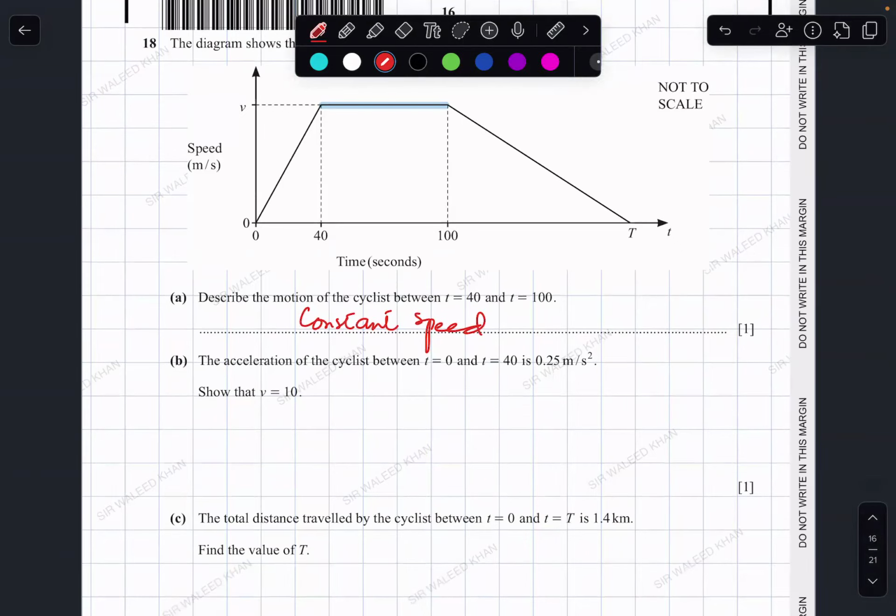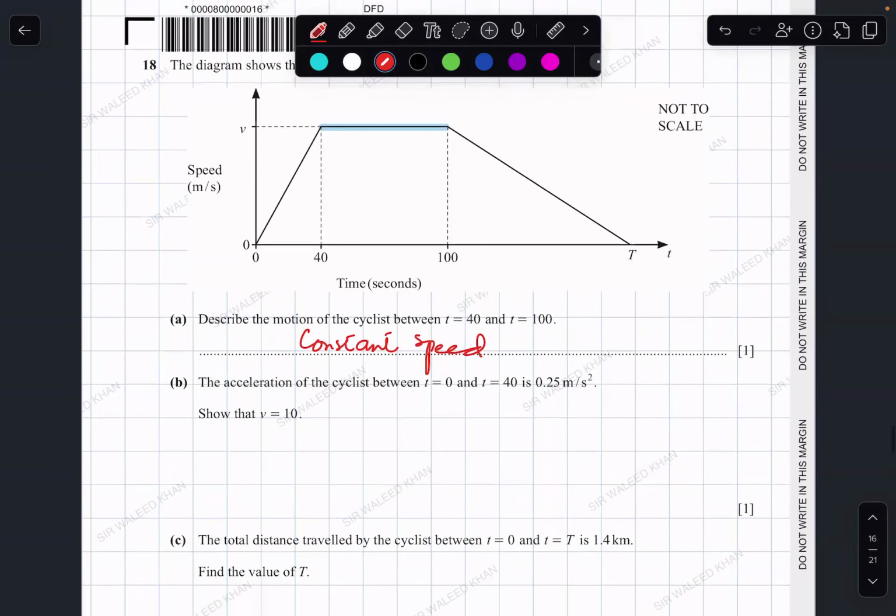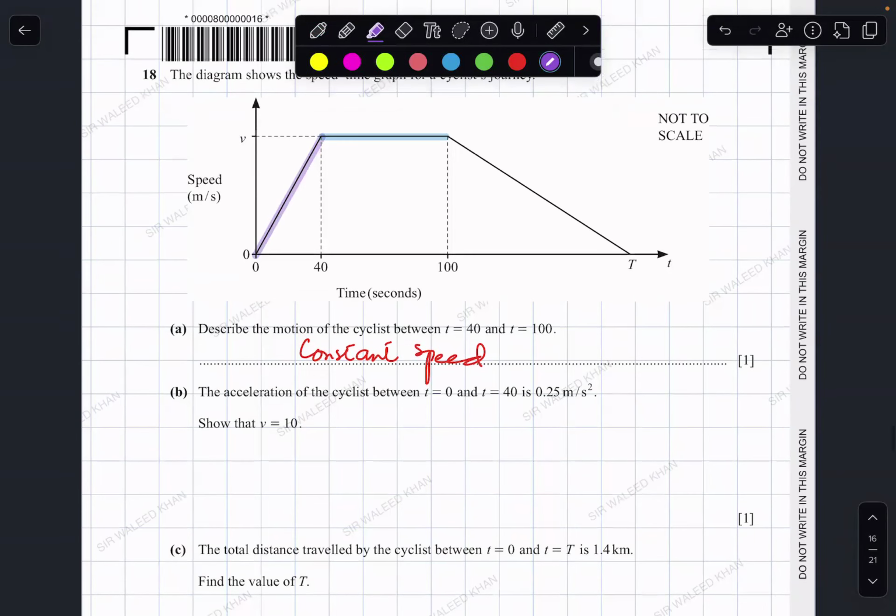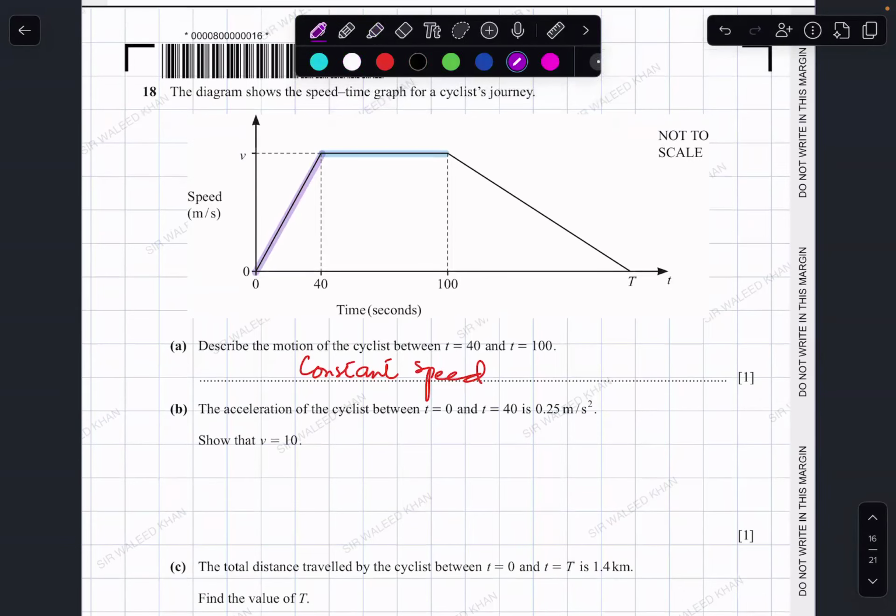The acceleration of the cyclist between T0 and T40 is this much. Show that V is equal to 10. So they're saying from T0 to T40, this portion. The acceleration is given 0.25.